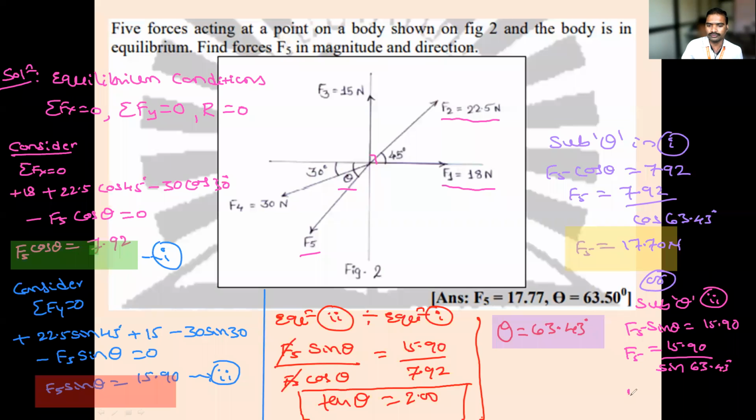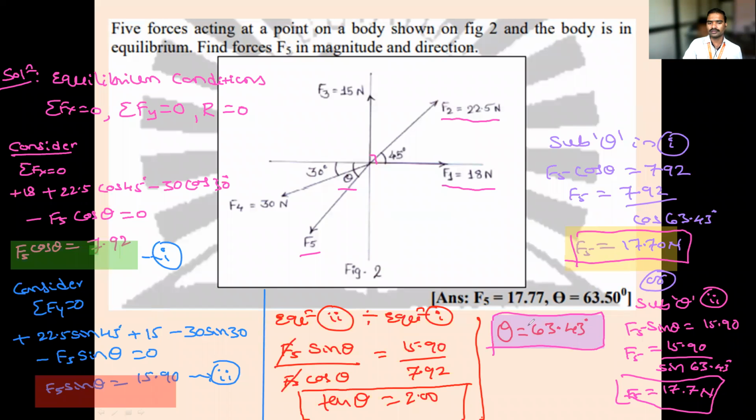Calculate F5. 17.77. Okay, 17.77 Newton is the correct answer. So here it is the answer, and here is the theta value.